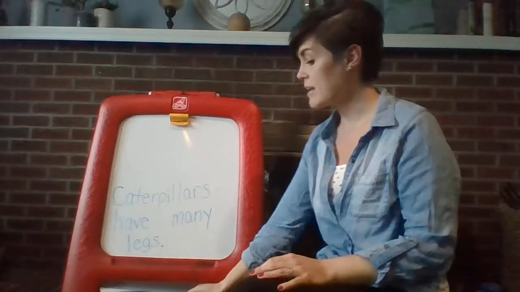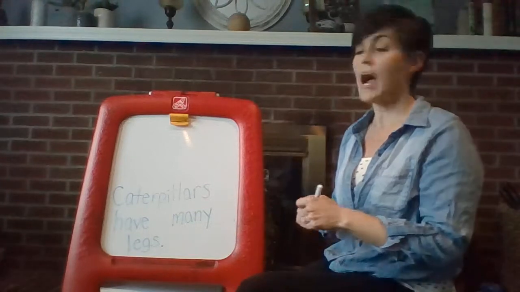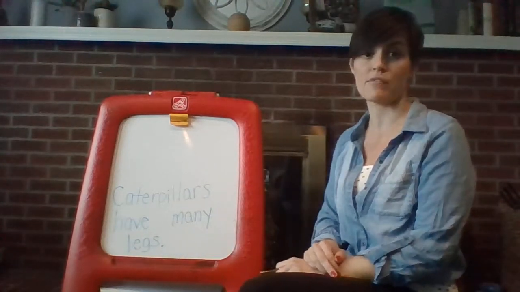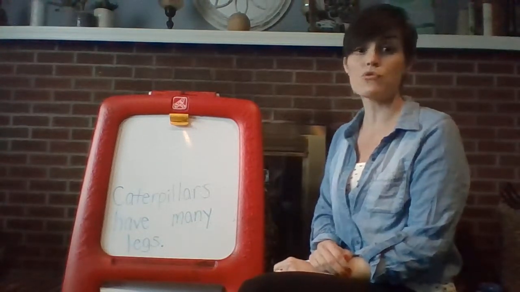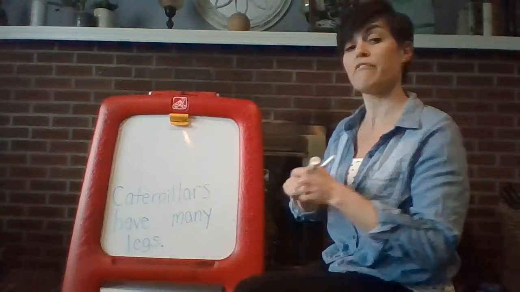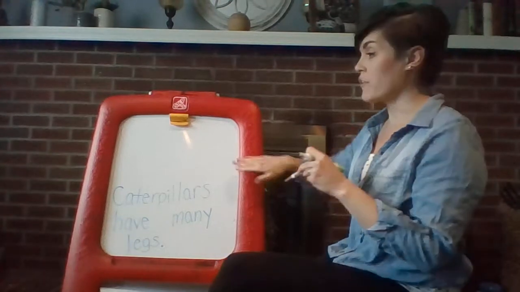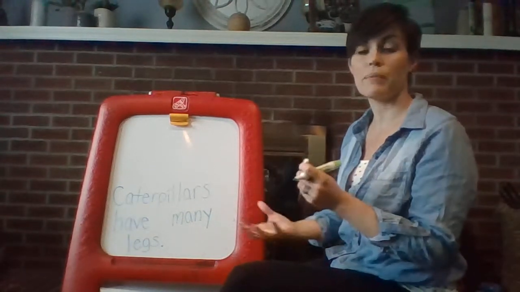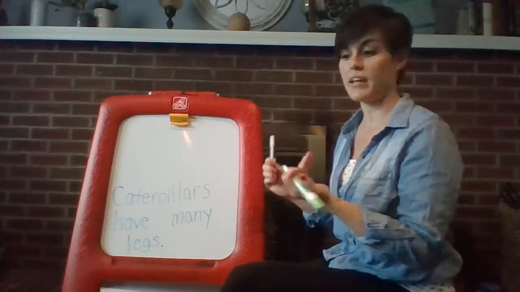Okay? My illustration now needs to match that. I could certainly just draw a picture of a caterpillar with lots of legs, but I'm a really good artist and I want to make sure that I'm also drawing a setting in my illustration. I know that for the most part, caterpillars are crawling on leaves or in meadows and places where there's lots of flowers and grass and leaves so that they can actually eat.